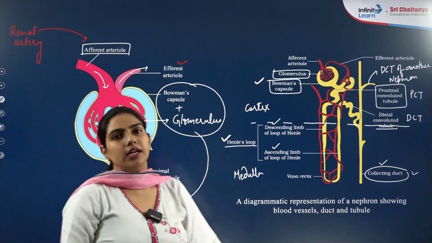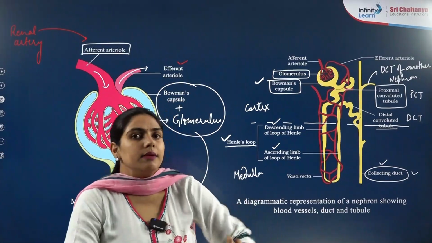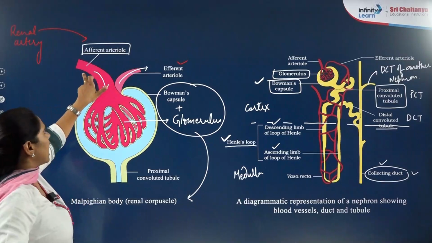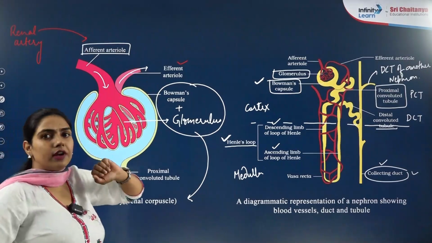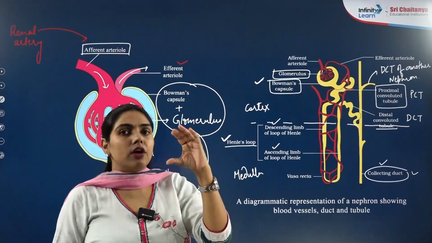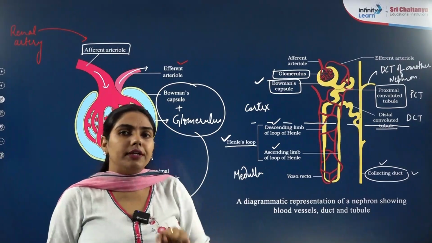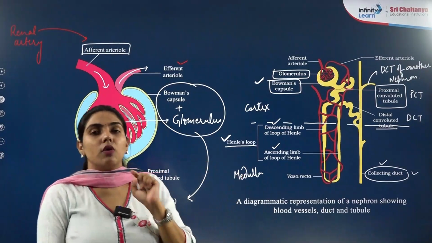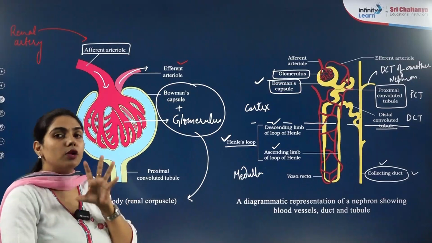Can you make out any difference? Yes, you can easily make out the difference here, that the diameter of afferent and efferent is different. The diameter of the afferent is more, the diameter of the efferent is less. So what is the significance? Very, very important.